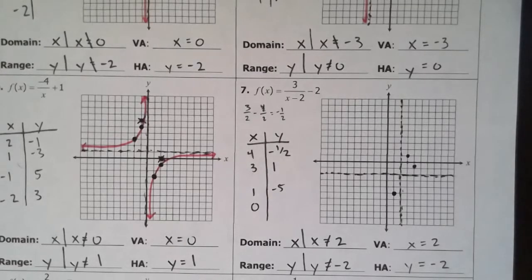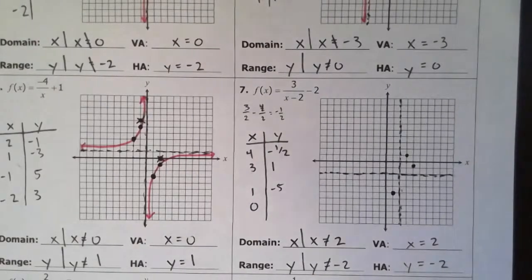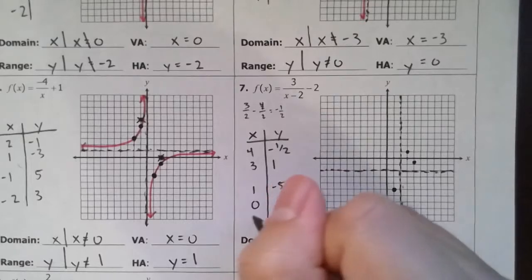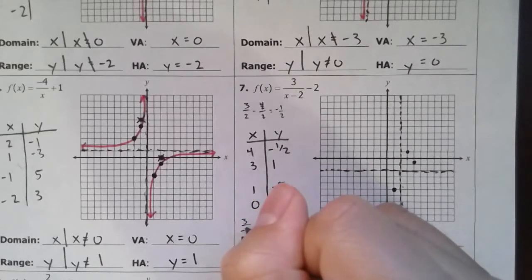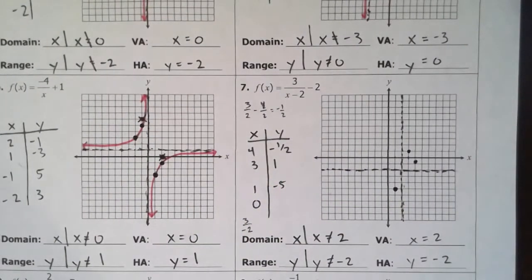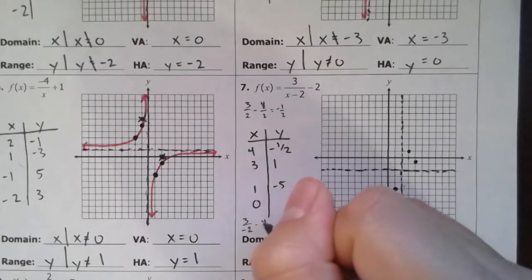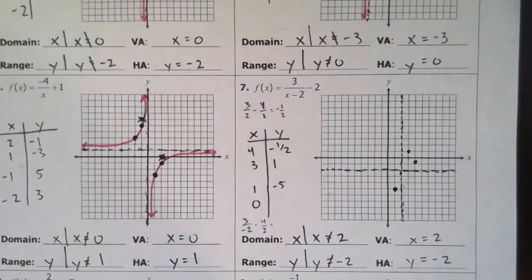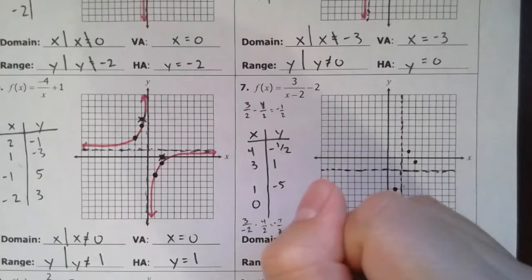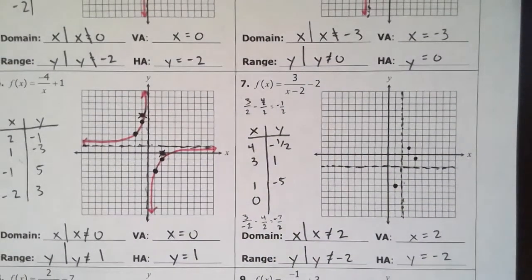And when I plug in 0, I get -3 halves minus 2. And then that would be -4 halves minus 3 halves. So I'm getting -7. Right. Let me see. Where can I show the work for this? I'm going to show it down here. So I get 3 over negative 2, or negative 3 halves, minus 4 halves. I'm getting negative 7 halves, and this would be about negative 3.5, right?